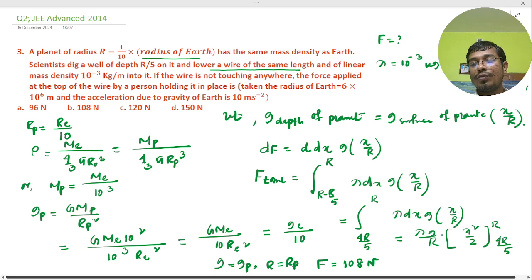You just put all the values numerically and get the result.